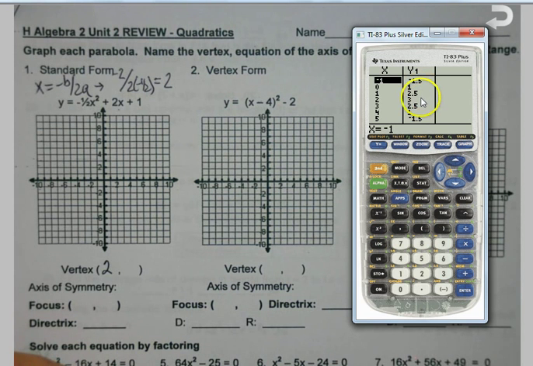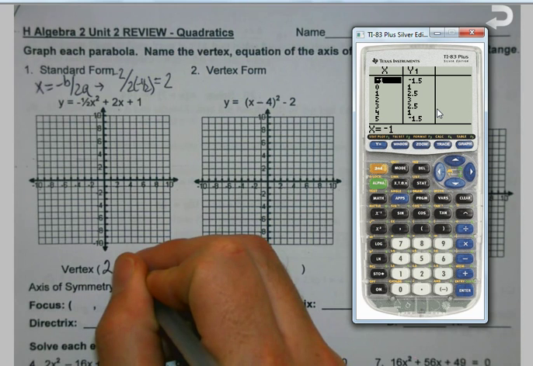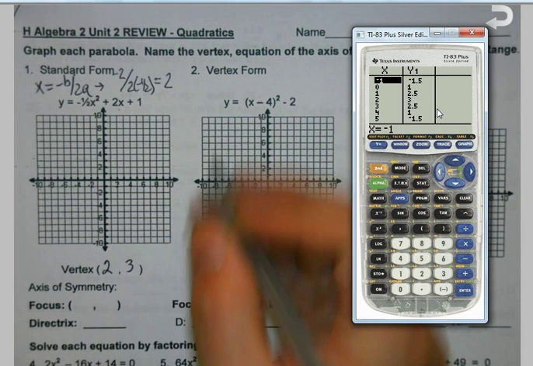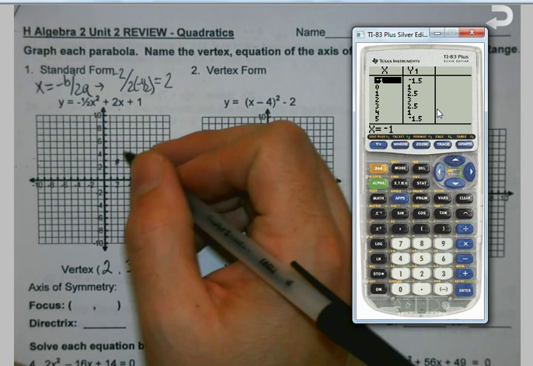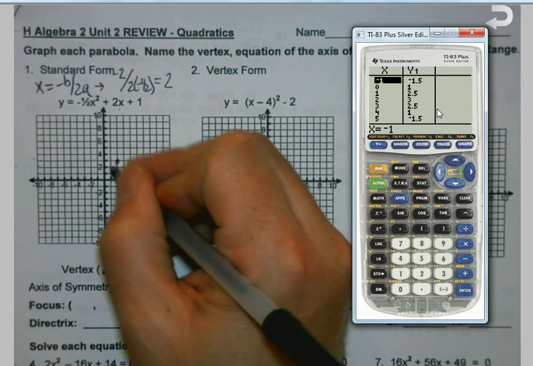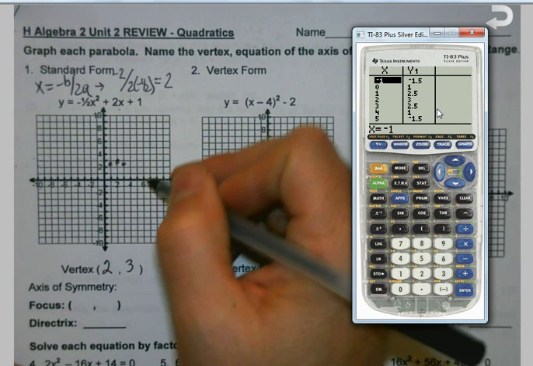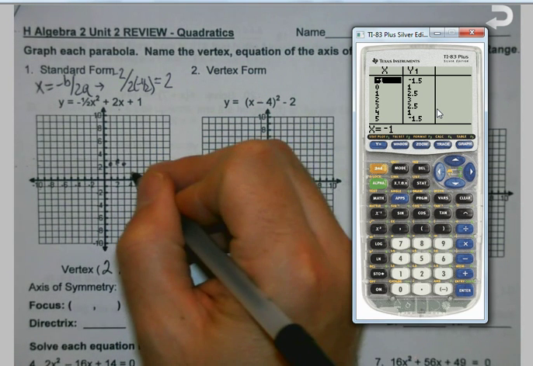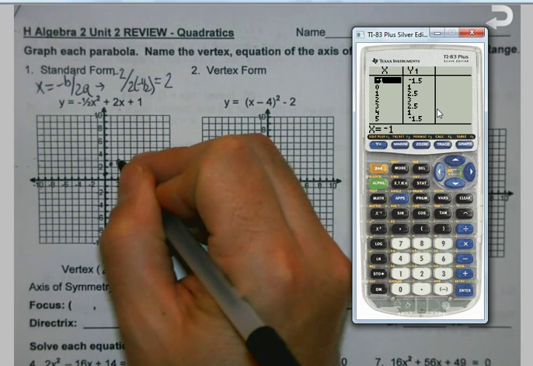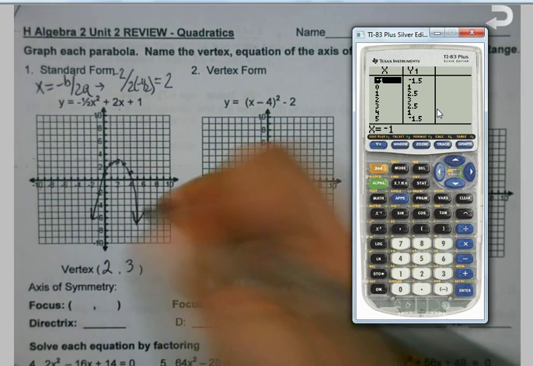And I also am going to see again with my symmetry that I've made the correct decision in getting my x value for my vertex, which is correct, which would be 2, 3. And then basically I'm just going to take some of the rest of these, get myself several points so I get a nice smooth curve.